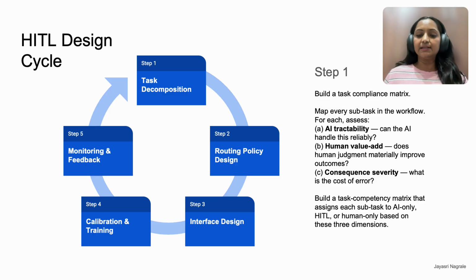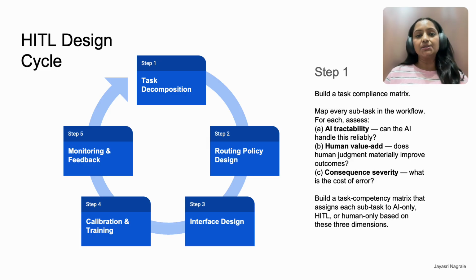The first parameter is AI tractability. Can the AI handle this reliably by itself? Then assign that a score. The second parameter is human value add. We ask ourselves, does human judgment materially improve the outcomes? And then give that a particular number and put it across each task.